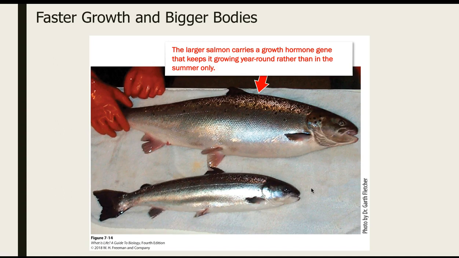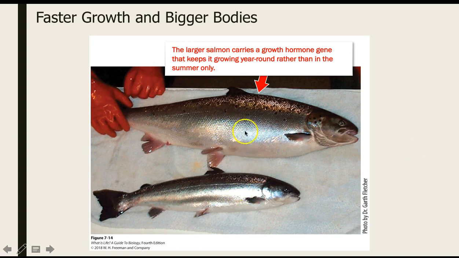Well, the gene that's been inserted in here is growth hormone. So we've got a promoter for growth hormone that makes more and more growth hormone, and that gene is switched on. So we've got transcription and translation going on like wild. And so these fish get much bigger.